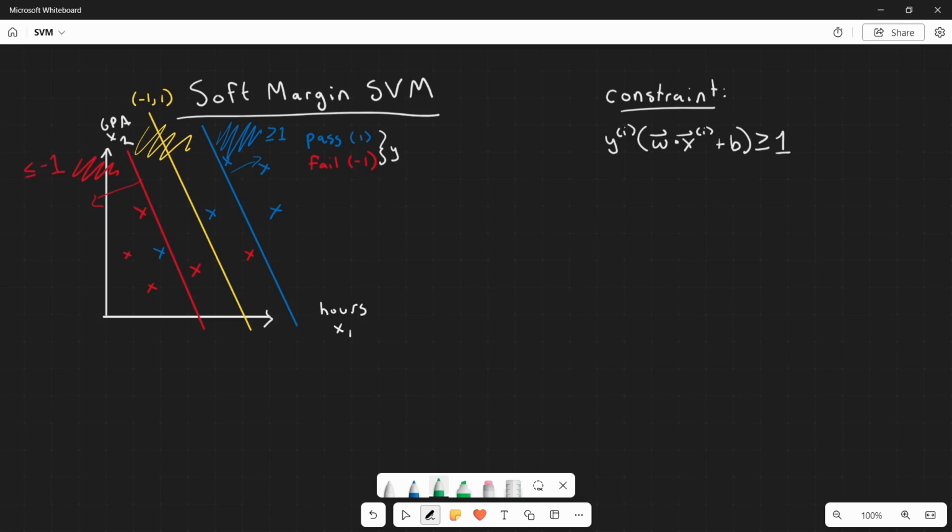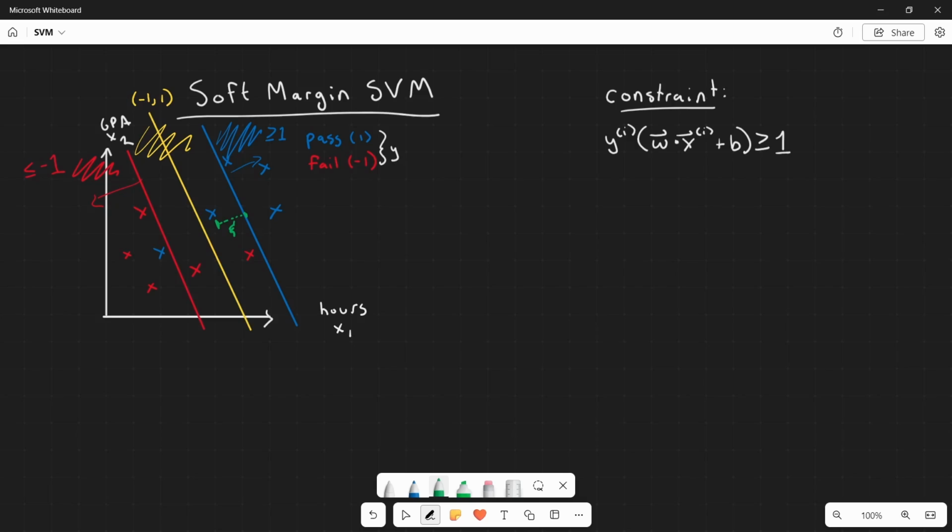And to introduce this variable, let's look at an example point. So right now, this blue point is failing this constraint because it is less than a unit away from this decision boundary. So what we're going to do is take this distance between that blue X and that 1 unit distance toward the passing direction, and we'll define this distance with the slack variable.